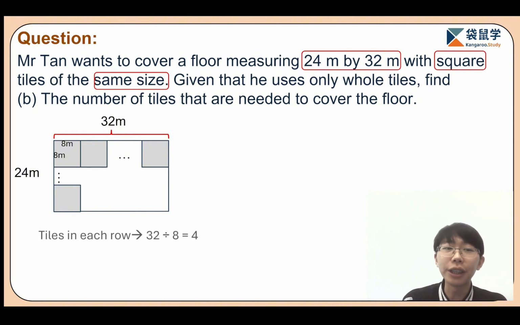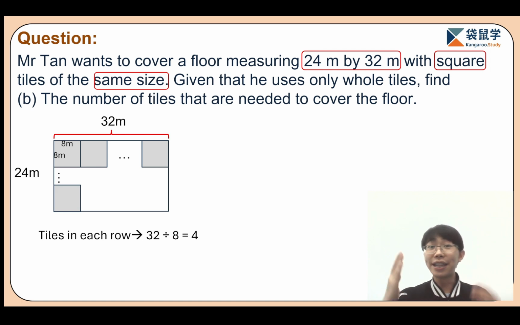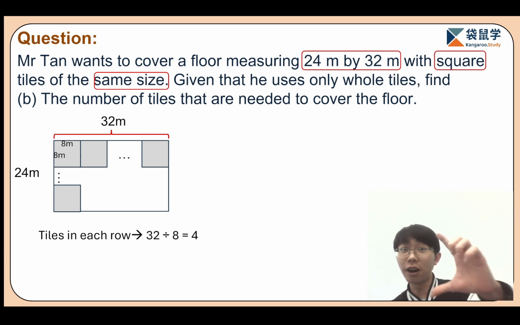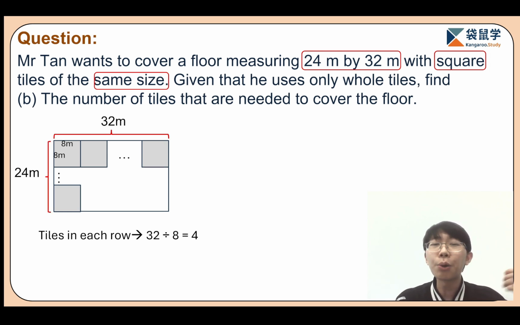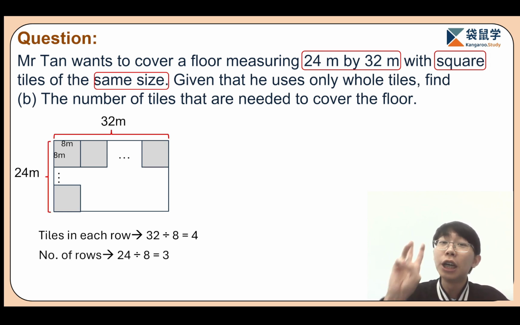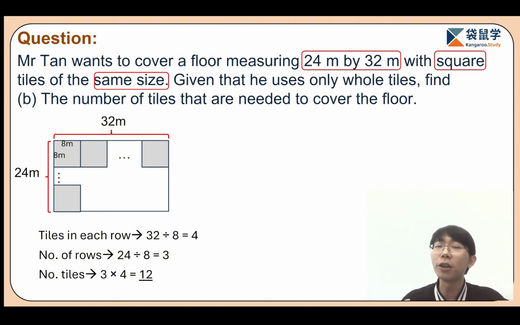There are 32 divided by 8 equals 4 tiles in each row. Then let's observe vertically. How many rows are there? There are 24 divided by 8 equals 3 rows in total. So the total number of tiles will be 3 times 4 equals 12 tiles in total. And we solve this question.